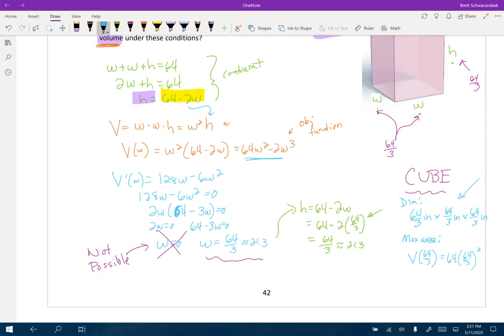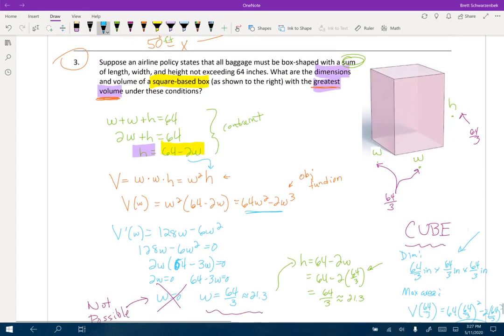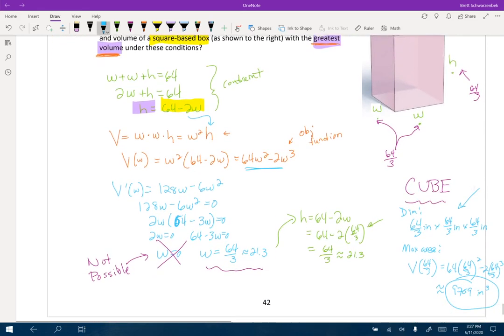So 2 times 64 thirds cubed, right? If you find this, you're going to end up with approximately, to 0 decimal places, or a whole number, 9,709 inches cubed worth of volume. So this is basically what we're looking for: the most ideal dimensions and the volume that creates.